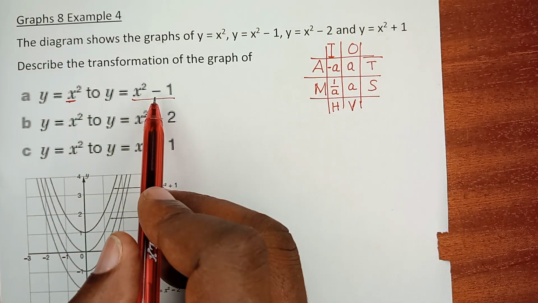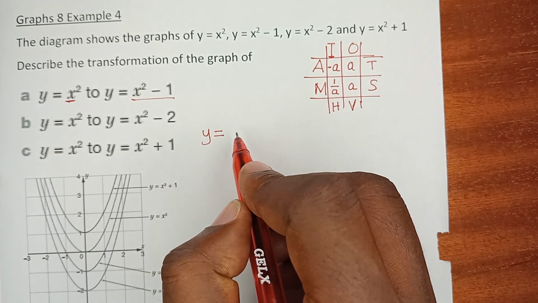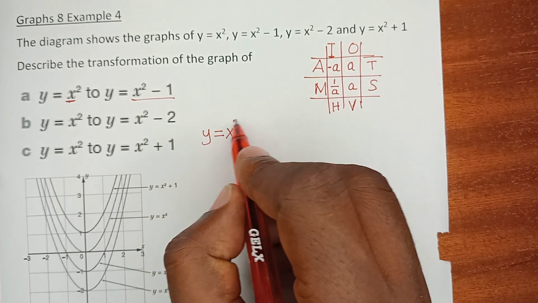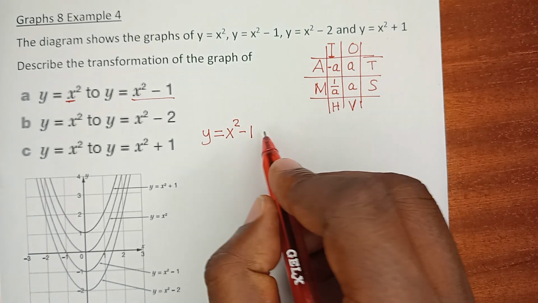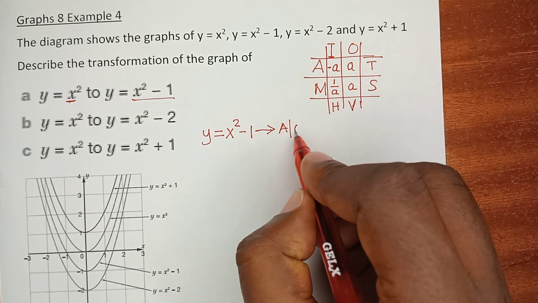And because it is addition, we say the graph of y equals x squared to y equals x squared minus 1, according to Mayo, is addition outside.